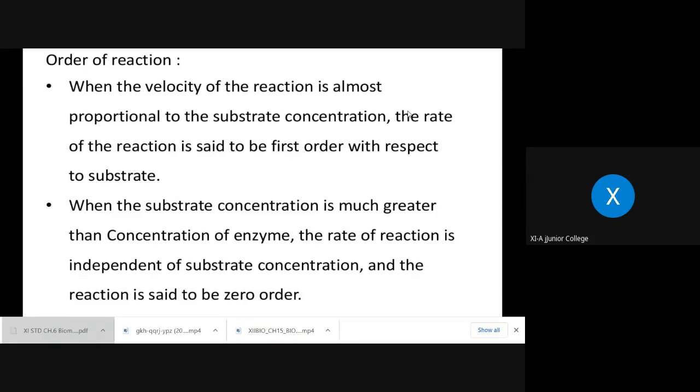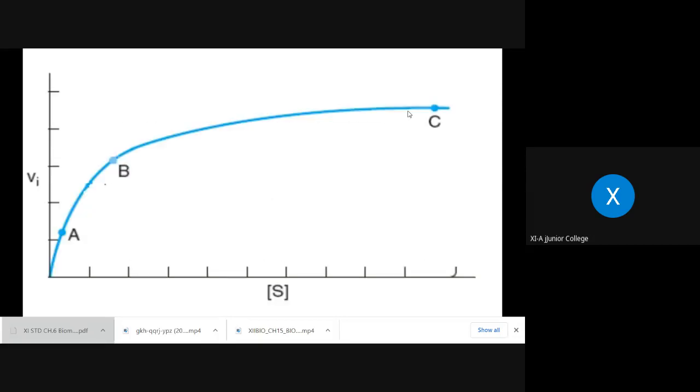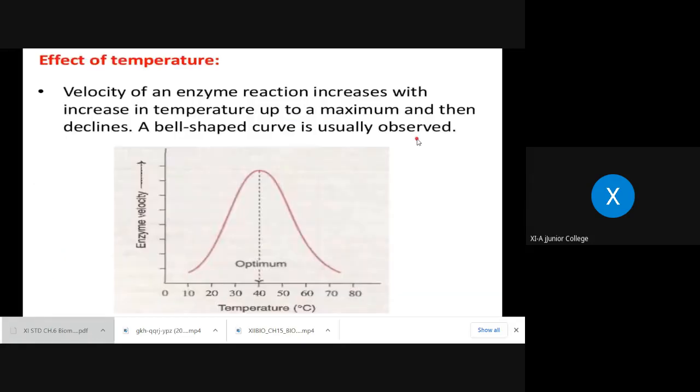You may not understand this from the explanation alone, but what I showed you with this diagram is that up to a certain limit, as the substrate concentration is increased, the velocity, meaning the enzyme rate, also increases. But after a certain point, the rate slows down and then it stops. Though you increase the substrate concentration, it doesn't affect the velocity of the enzyme activity. This is what this plot shows.